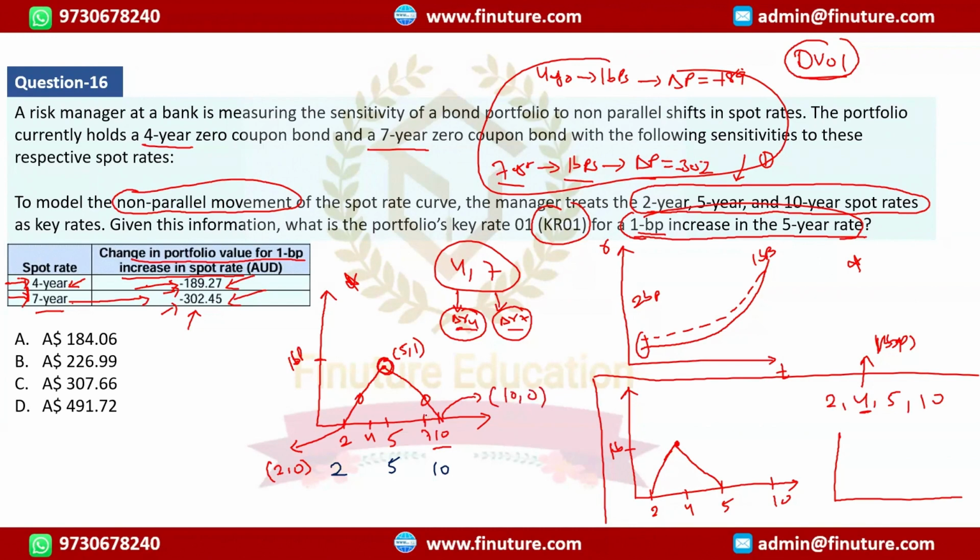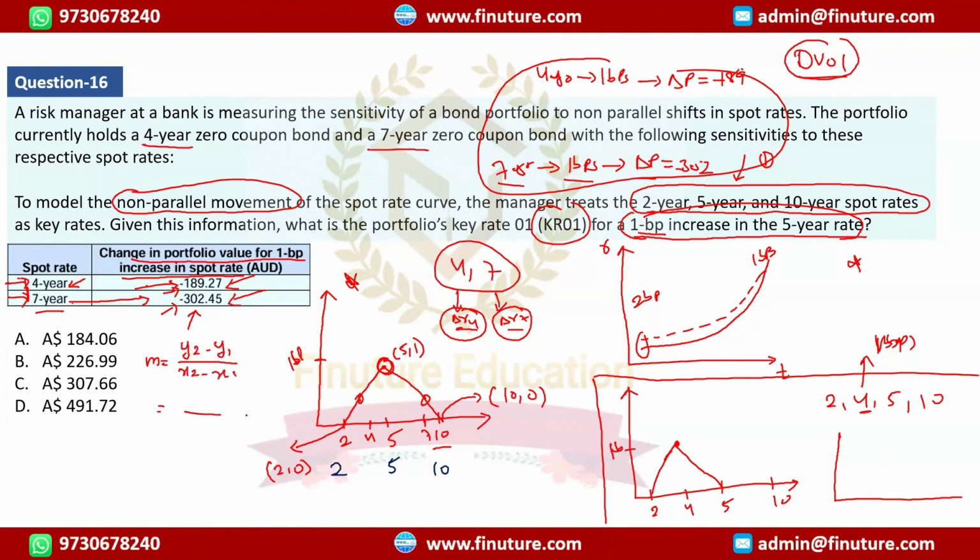So essentially I'm trying to calculate the slope of this line. There is a straight line. Can anyone tell me how we calculate the slope of a straight line? Like delta was the change in call with respect to change in spot. In a similar way, you calculate y2 minus y1 upon x2 minus x1.